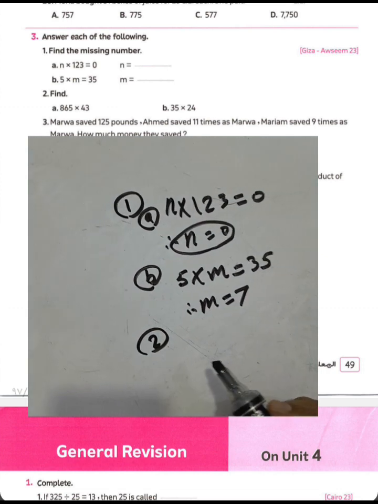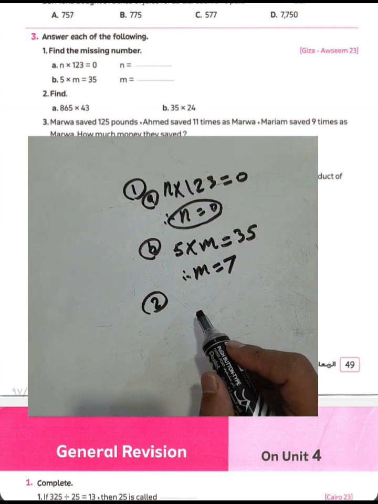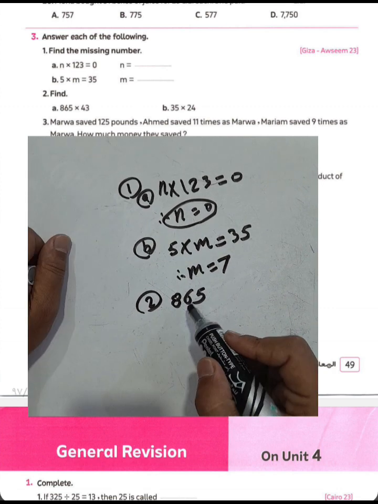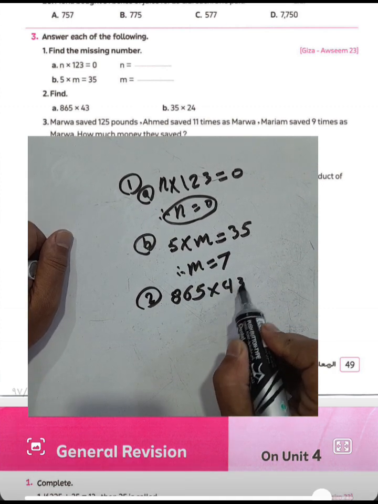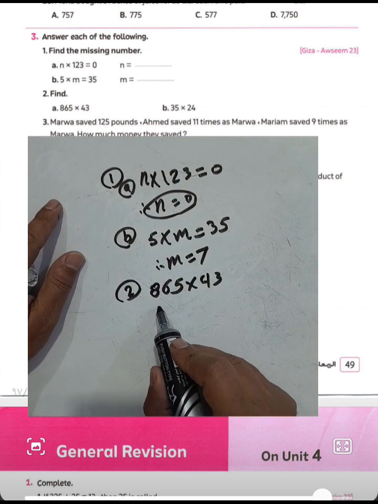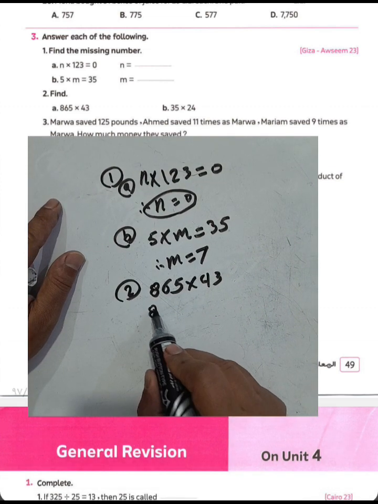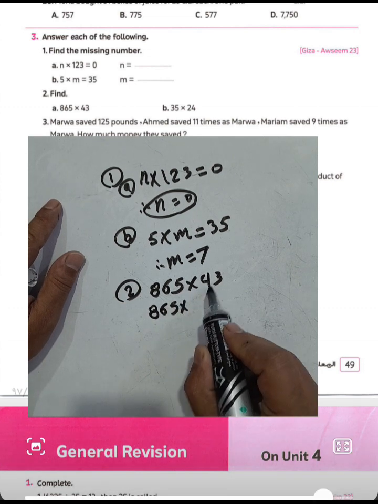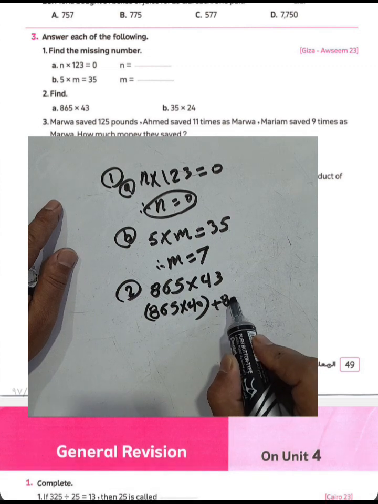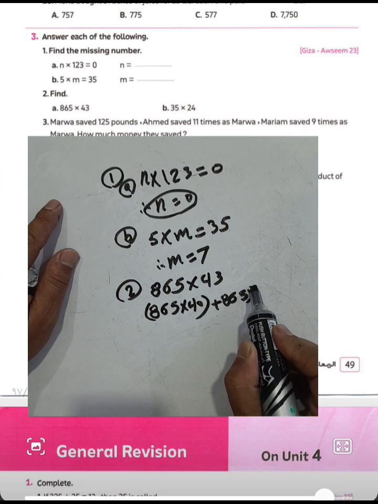Question number 2. 856 times 43. We can write this number as 865 times 40 plus 865 times 3.